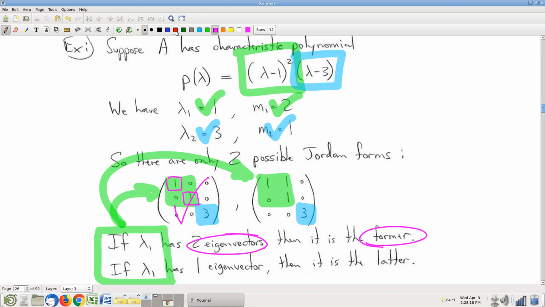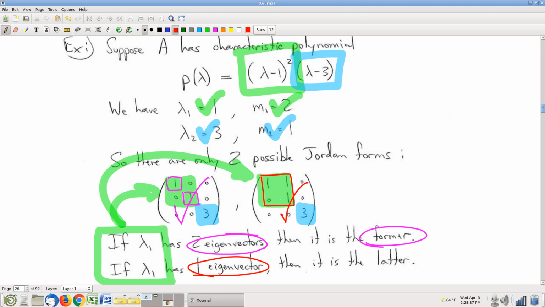Other possibility, maybe there's only one eigenvector. Again, you all know how to find eigenvectors. If there is only one eigenvector, that means there is only one basic Jordan block, and then this would have to be your Jordan form. So, like I say, sometimes you can figure out the Jordan form even if you don't have the Jordan basis.